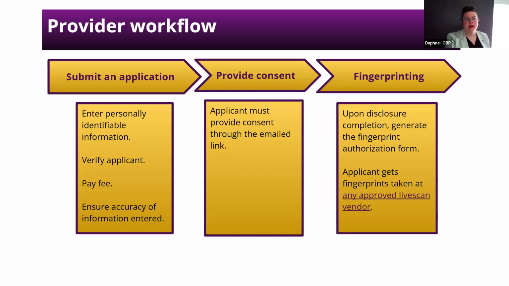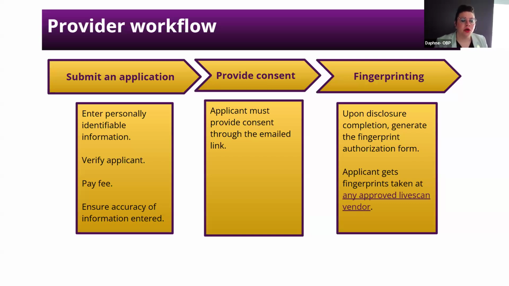We've talked about how the applicant themselves needs to provide consent to our office in order for us to have authority to do those background checks. And then fingerprinting: that individual must be fingerprinted if they are 18 years or older.